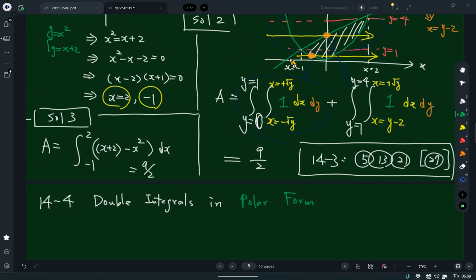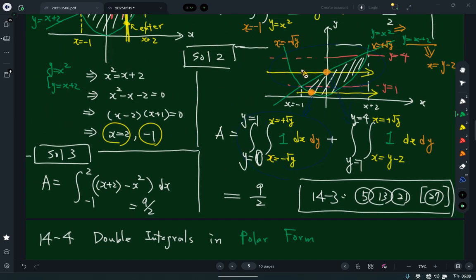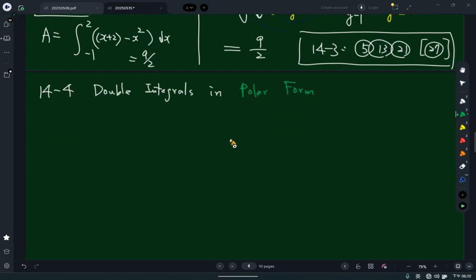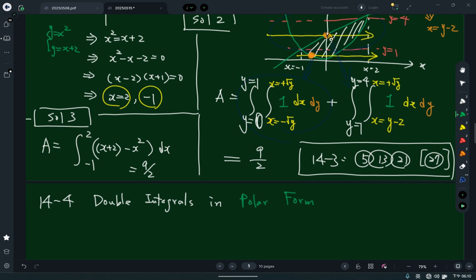Before, we constructed the region by y equals something in x, or x equals something in y. The curves were totally constructed by the x-y axes. But if we talk about polar form, you can imagine that the region will be constructed based on the polar coordinate.